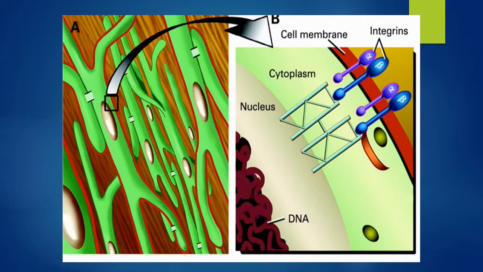These integrin proteins have connections to the cytoskeleton within the interior of the tenocyte cell. So remember, the cytoskeleton is distributed throughout the interior of the tenocyte cell. And here in this diagram, the cytoskeleton is depicted by this sort of scaffolding structure of embedded proteins into the membrane of the nucleus here.